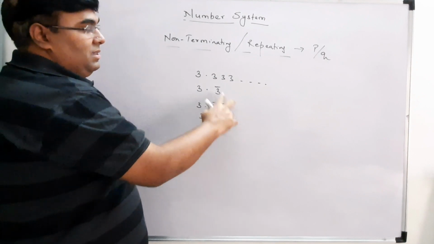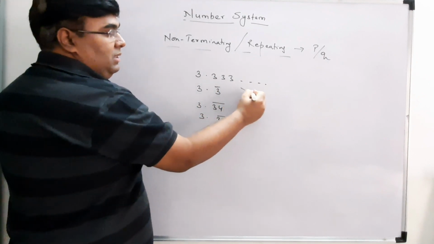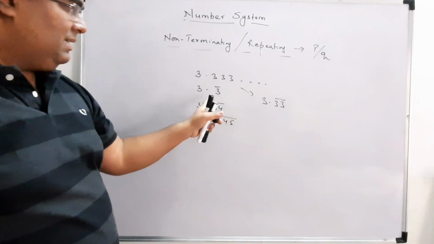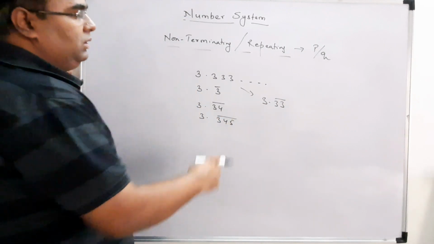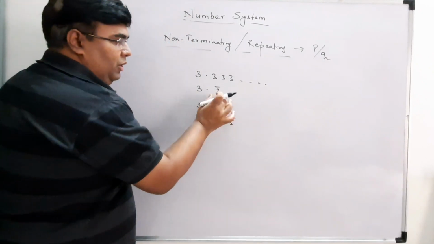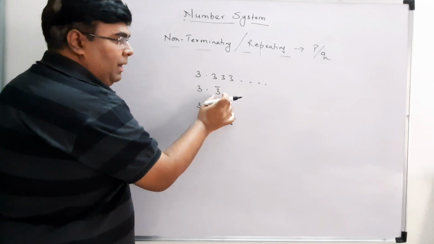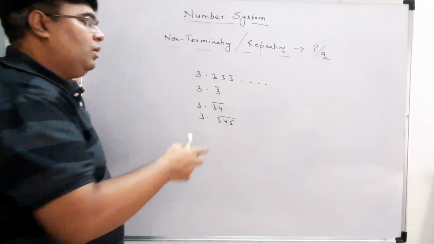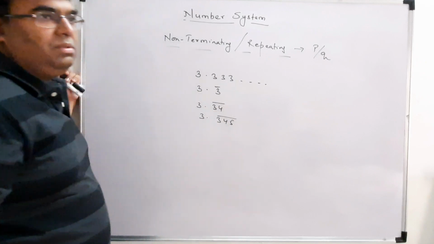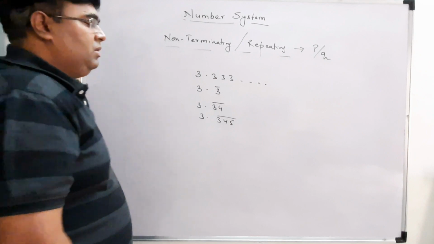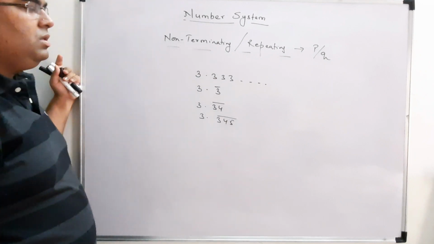It is not like the same number. You cannot write it like this, this is the same as this only. So this is wrong. If one number is getting repeated, you put one bar on one number. If two numbers are getting repeated, you write the bar on two numbers, and if three or four numbers are getting repeated, the bar will be on those numbers. As many numbers as it can be, the bar will be on those numbers.